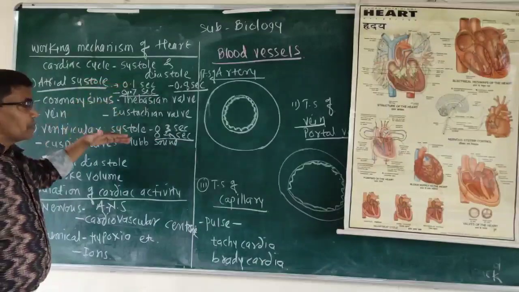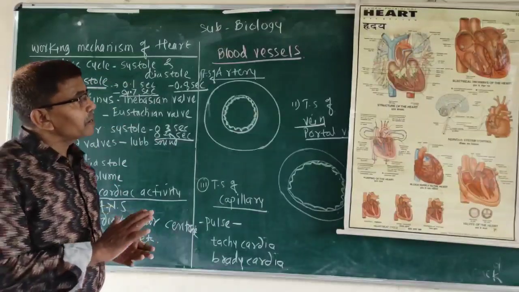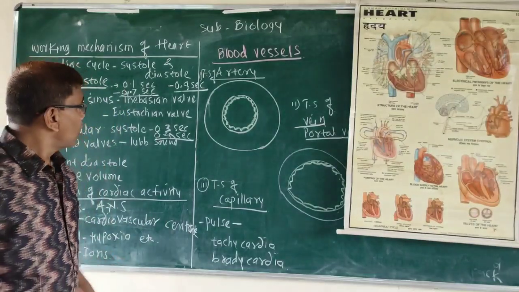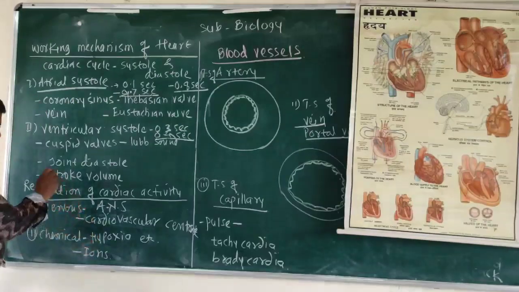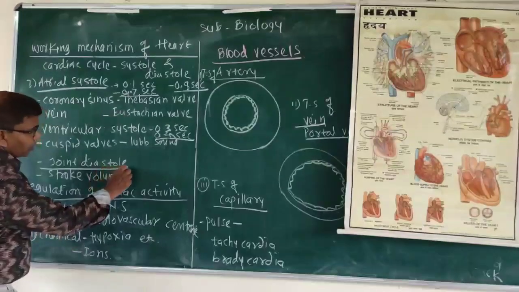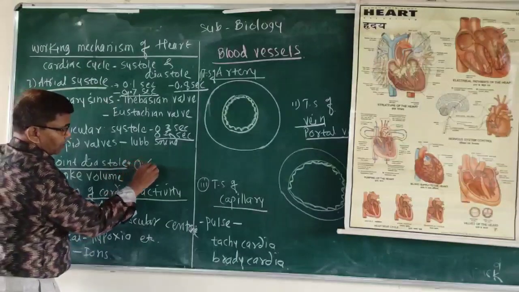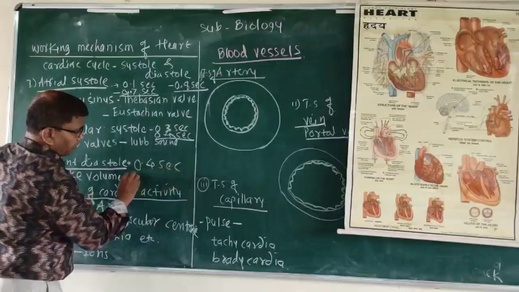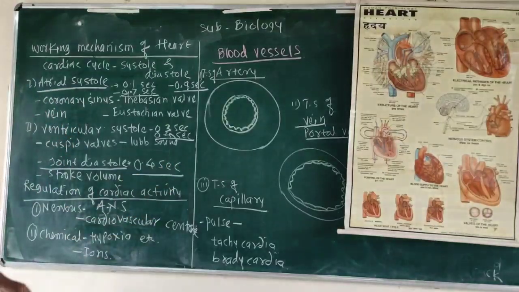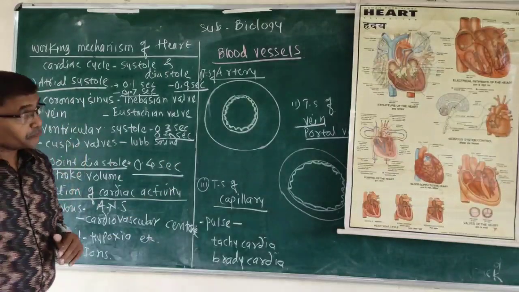So these two chambers, the atrium and the ventricles, are in the relaxation or diastolic phase, which is called joint diastole or common diastole, and the time for joint diastole is about 0.4 seconds.